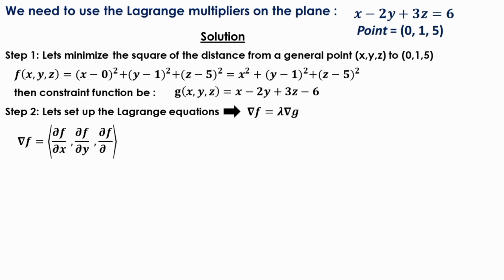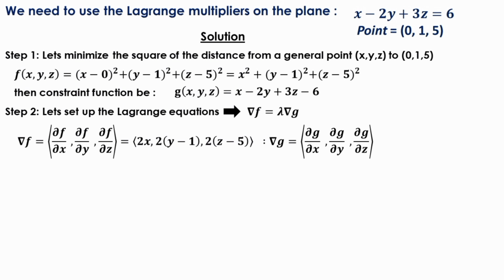The gradient of f gives us, after partial differentiation, 2x, 2y minus 2, and 2z minus 10. The gradient of g is 1, minus 2, and 3. So we have our gradient of f and our gradient of g.